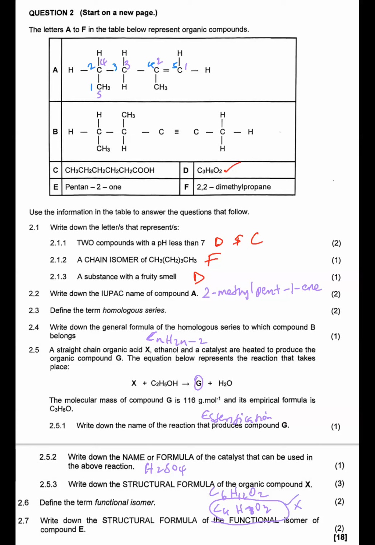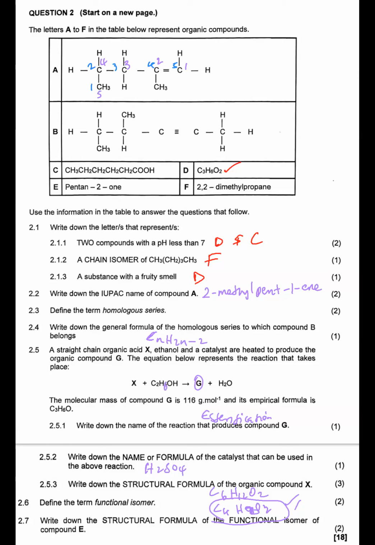This is X. And look, G has C6H12 and comes from C2 in the reactant side, which means you have C4 there, for a total of 6.